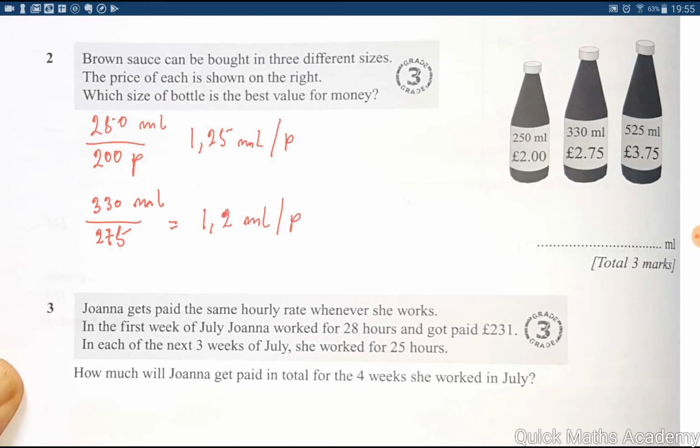So at the moment the best value for money is the first one, but we didn't do the math yet for the third.